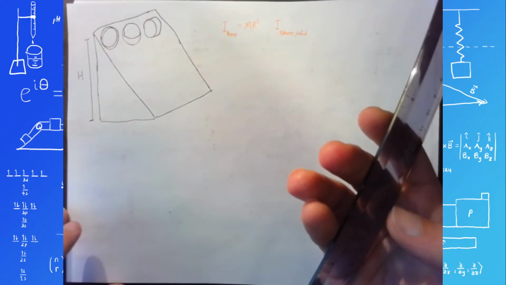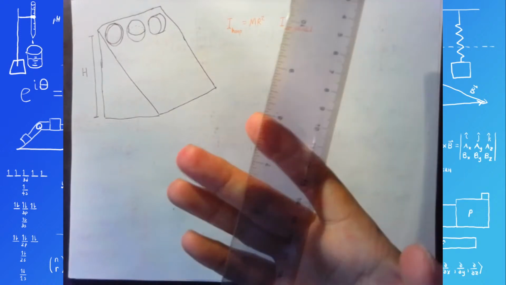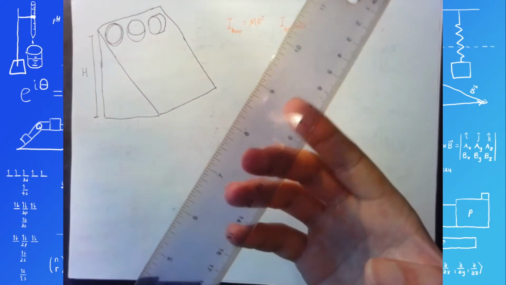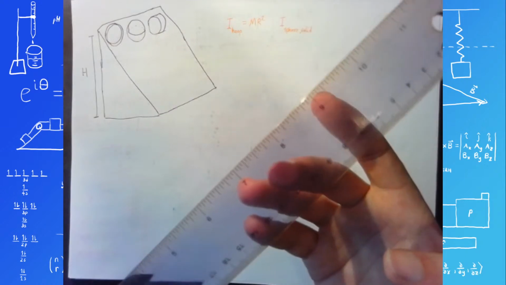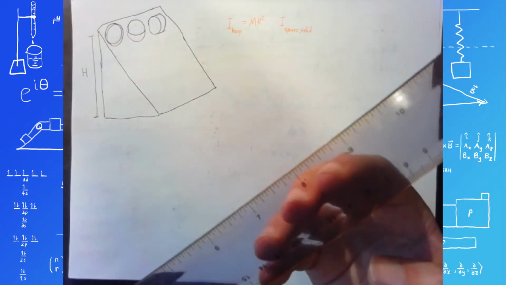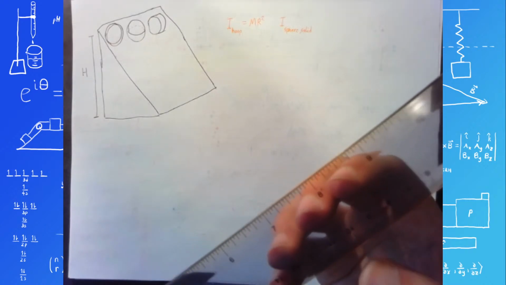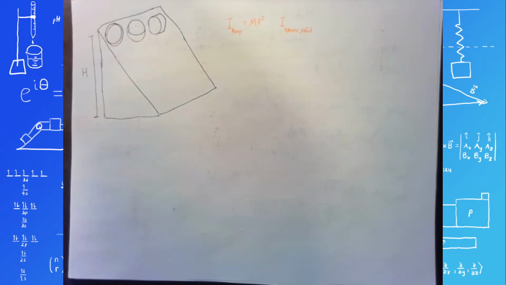It might initially attempt to rotate around some off axis. Actually, I'm not entirely sure about that. I probably shouldn't state that as fact. I'll have to think about that one.